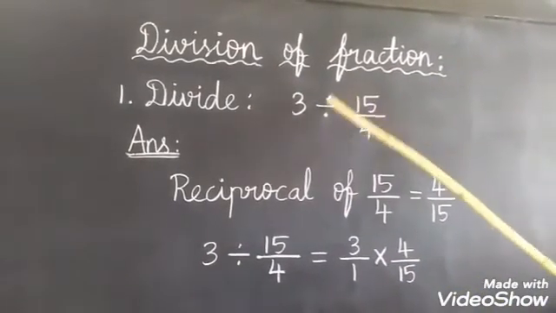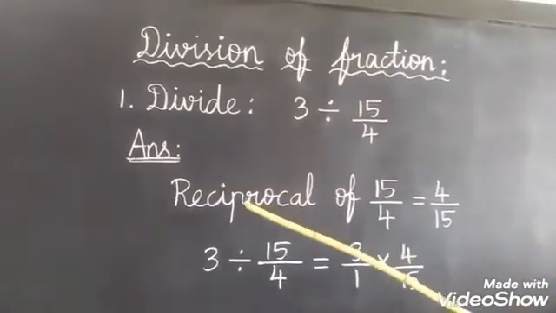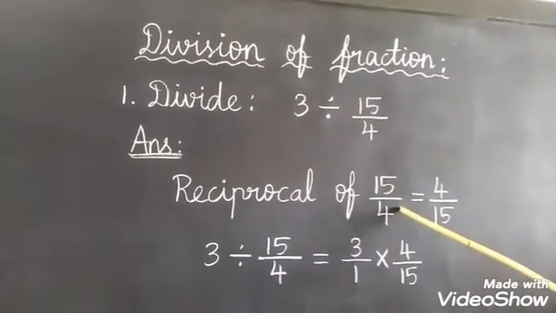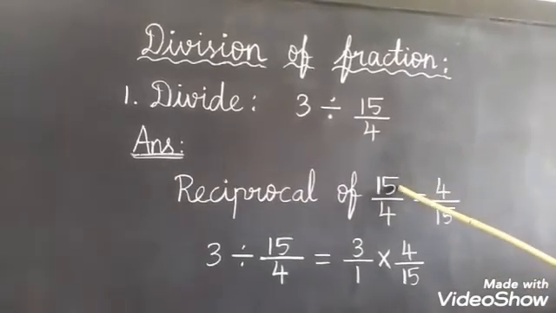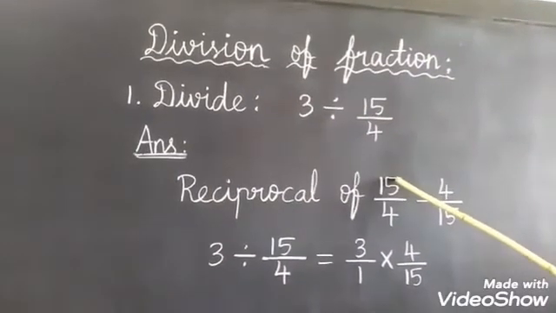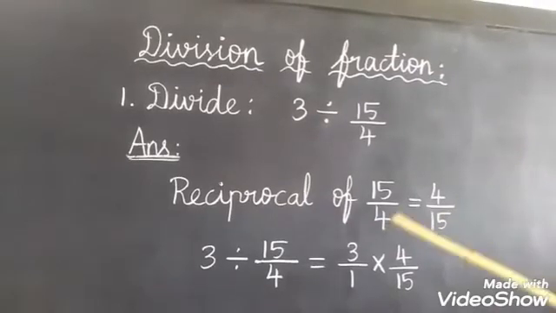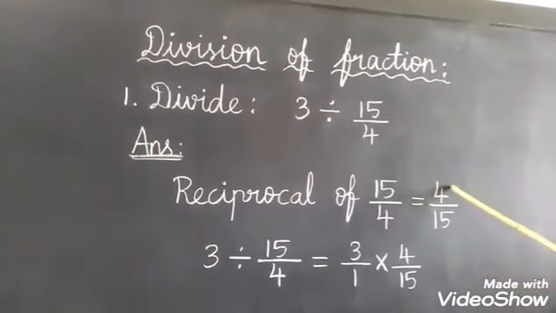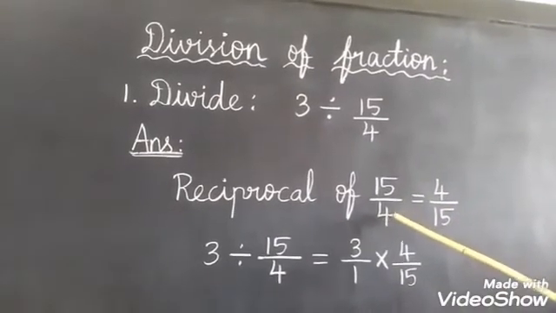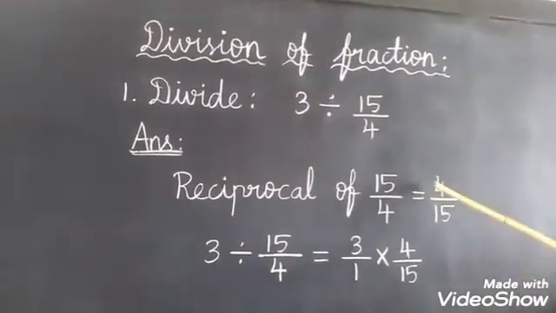Reciprocal of a fraction is nothing but changing the places of numerator and denominator. In the numerator we have 15, so write this in the denominator, and the 4 we have in the denominator, put this in the numerator. The reciprocal of 15 by 4 is 4 by 15.